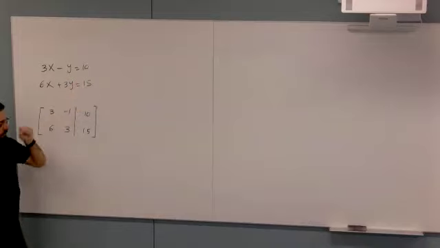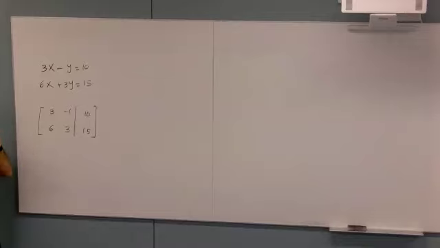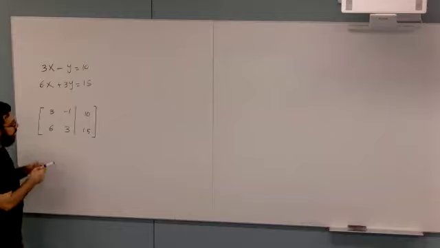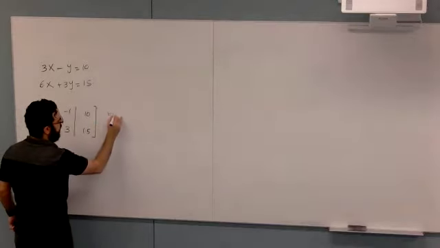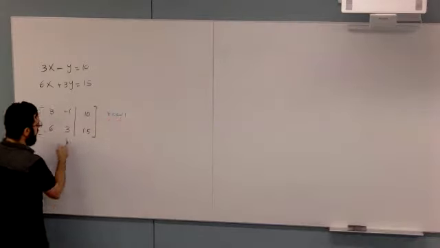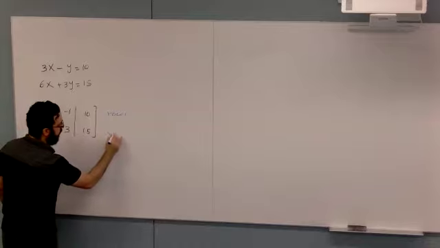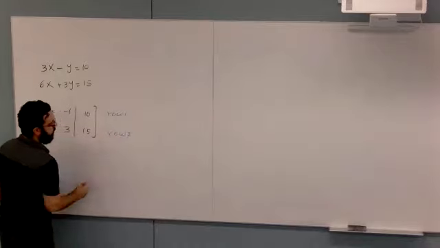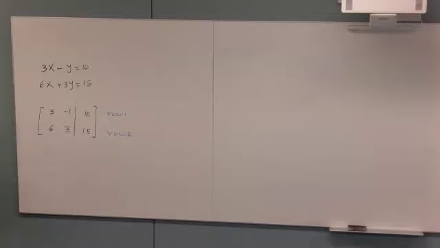Is that okay? Now let's see. This is called a row. So this is row 1. This one is called row 2. Is that okay? What do you call this one?